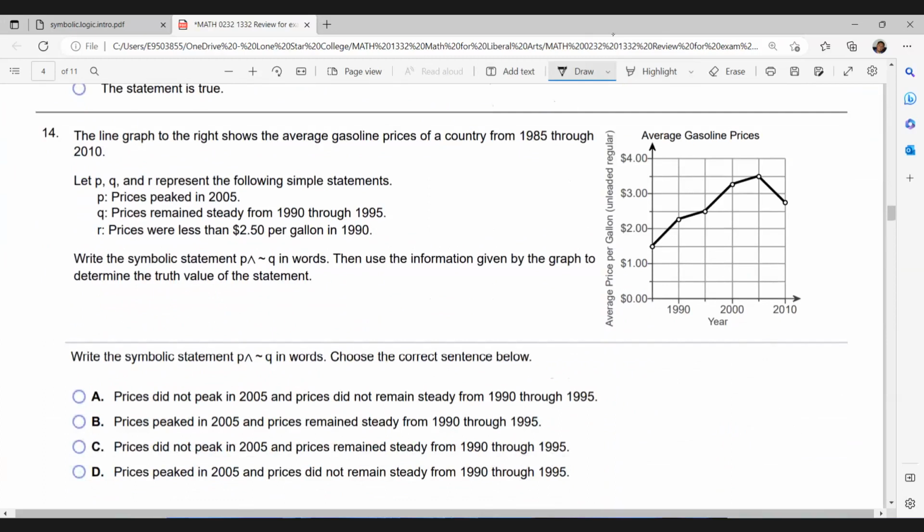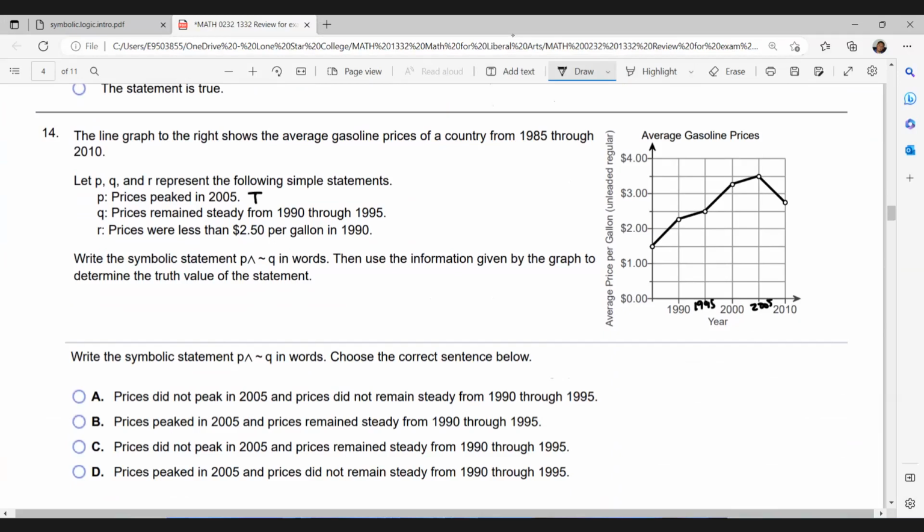So this would be 2005 here, and this would be 1995. All right, so this is true. The prices did peak in 2005.